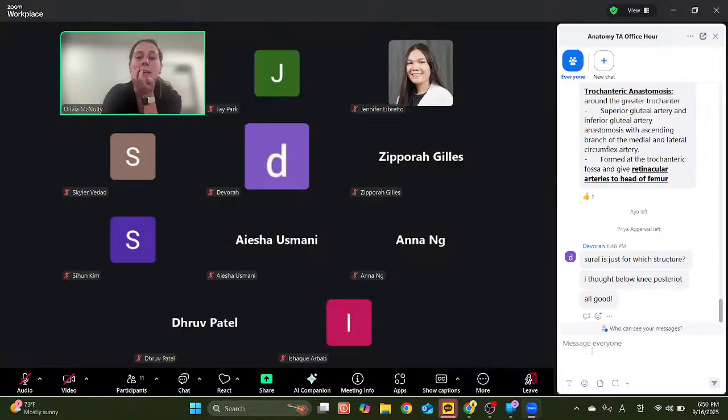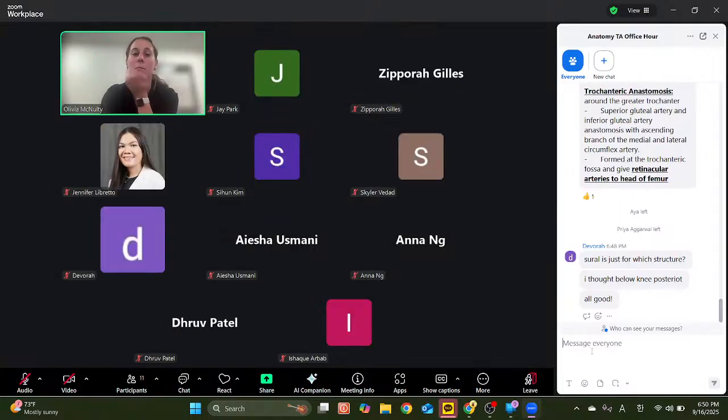Okay. I think we covered all of blood supply, which is great. And so I think the next thing was some attachments, common insertions and origins for different compartments. Yes. Okay.